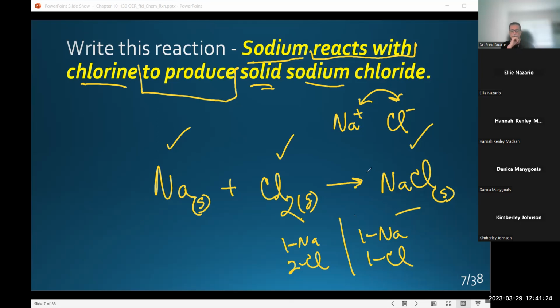What if I put a 2 in front of sodium chloride? Well, that kicks up my chlorides and my sodiums. So now I have to go back to the reactant side. If I put a 2 in front of sodium, that balances out my sodiums and my Cls. So we have a balanced chemical reaction.